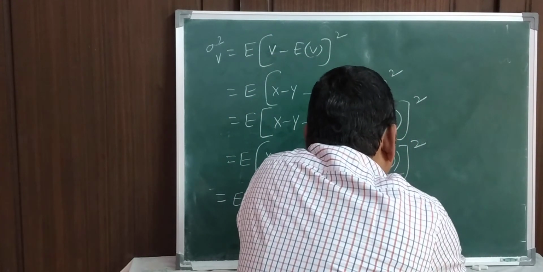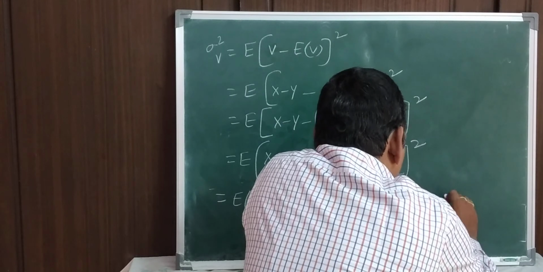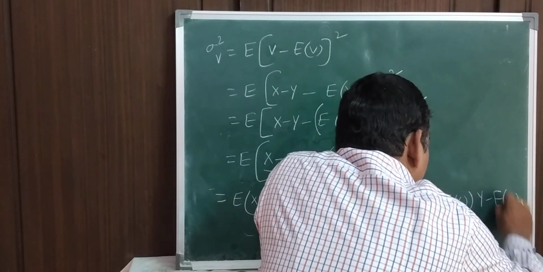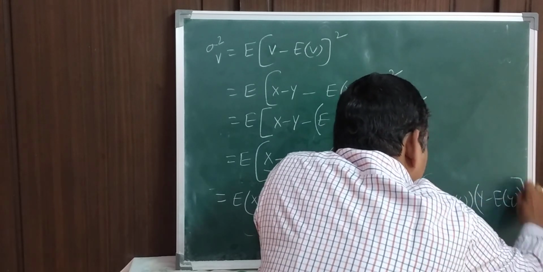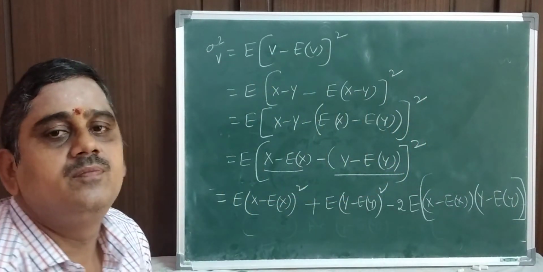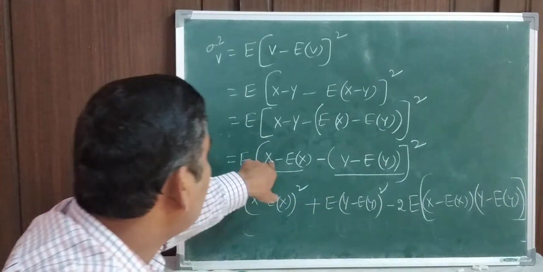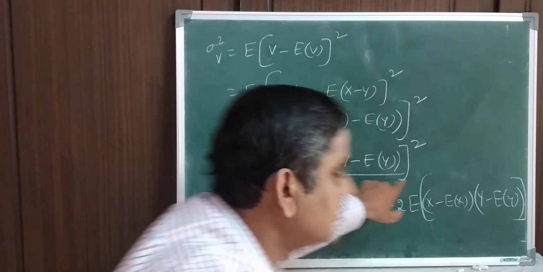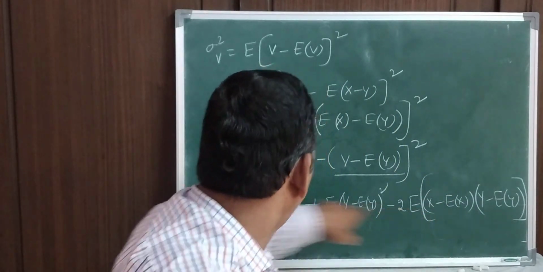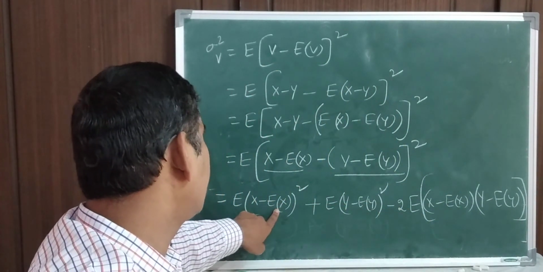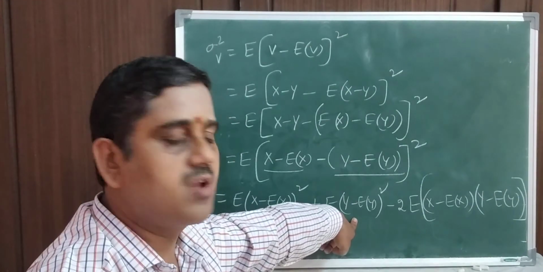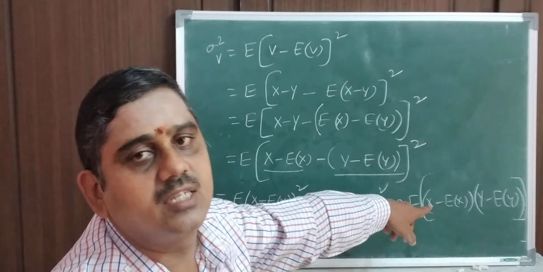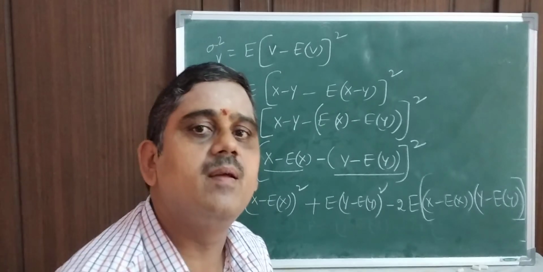This is minus 2 into the expectation of x minus expectation of x into y minus expectation of y. So we have the 2ab term, 2 is a constant taken outside, and the remaining value is x minus expectation of x into y minus expectation of y. So this is the expectation of x minus expectation of x whole square, this is the expectation of y minus expectation of y whole square, and this is 2 into the expectation of x minus expectation of x into y minus expectation of y.